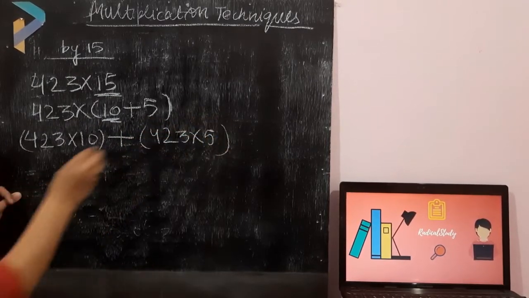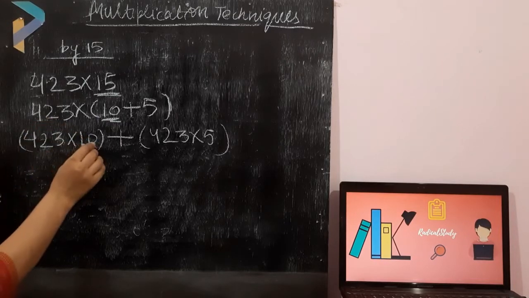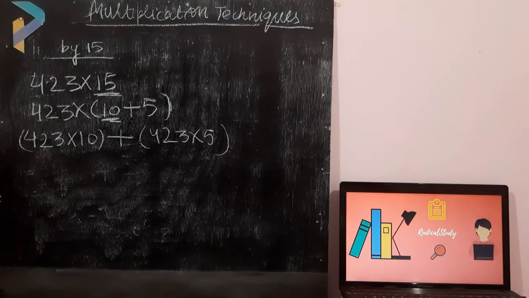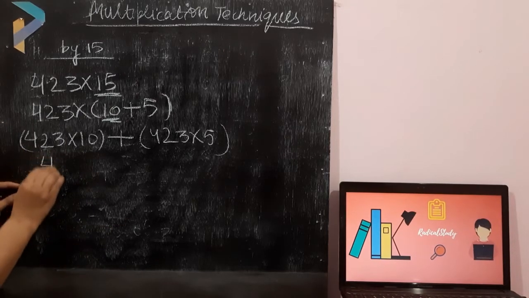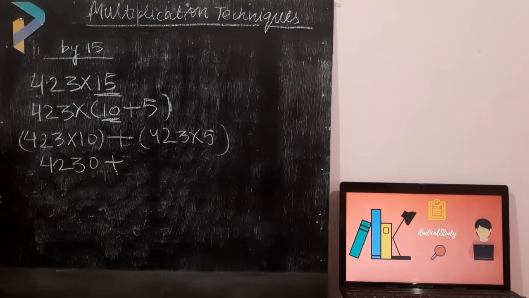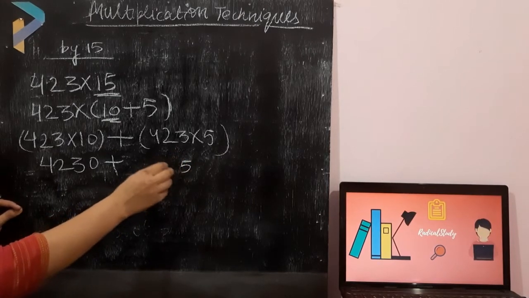As I told you, whether it is 10, 100, 1000, 10,000, you just have to count the number of zeros and simply put the zeros at the end of the number. So 4230 is this product. Now 423 multiplied by 5. It will be 5 threes are 15, 5 twos are 10, 11, 5 fours are 20, 21.